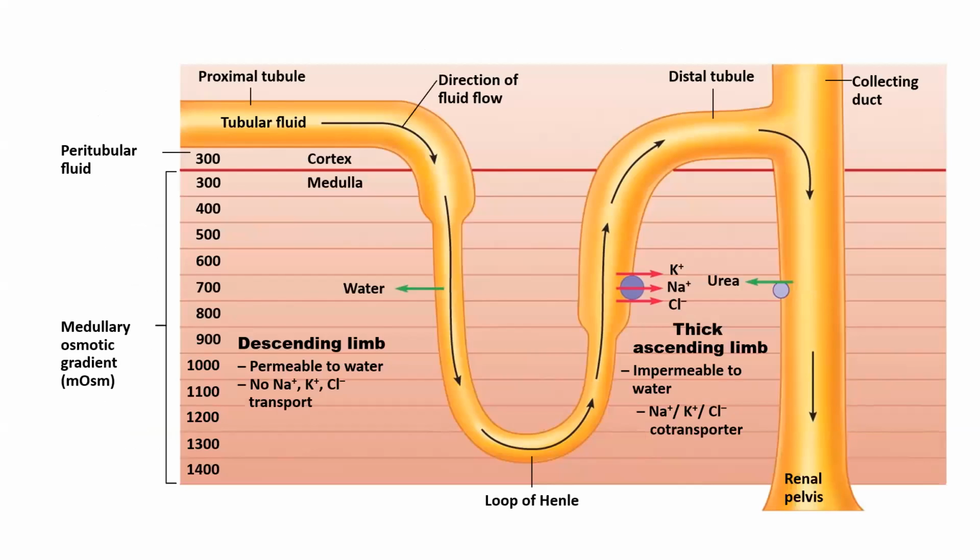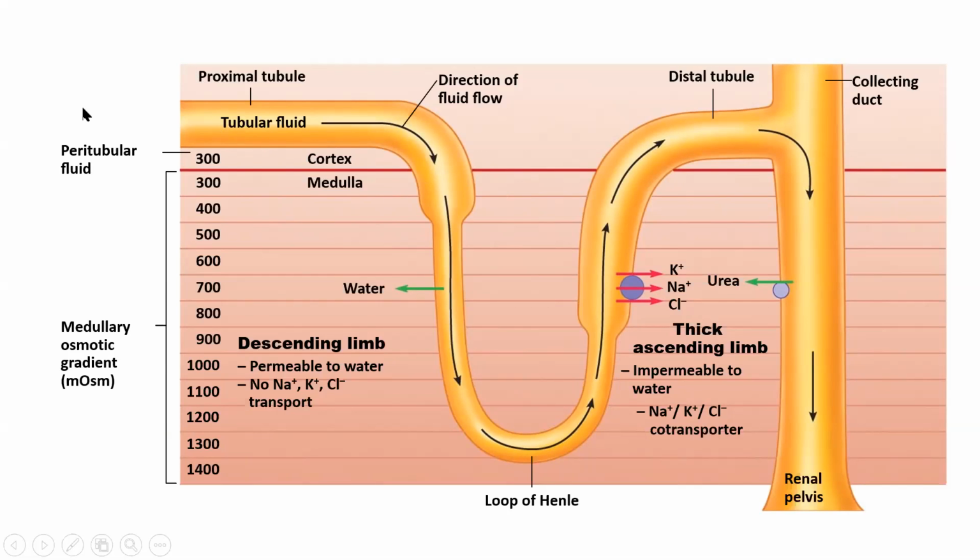We're going to spend some time talking about how this is established, but basically we have water reabsorption happening down the descending limb of the loop of Henle and solute reabsorption happening up the ascending limb of the loop of Henle.